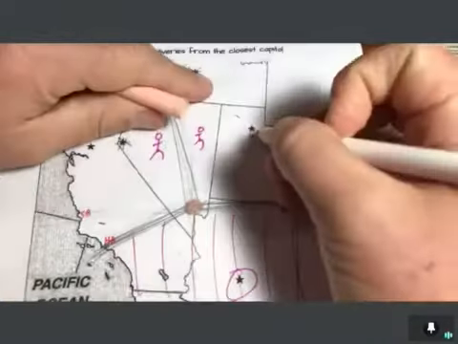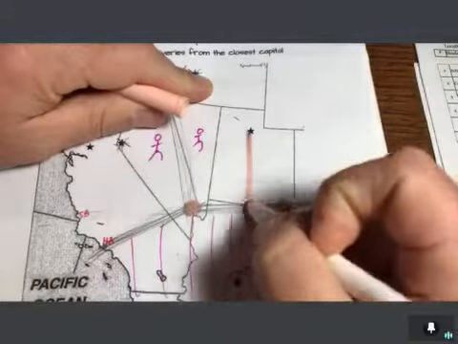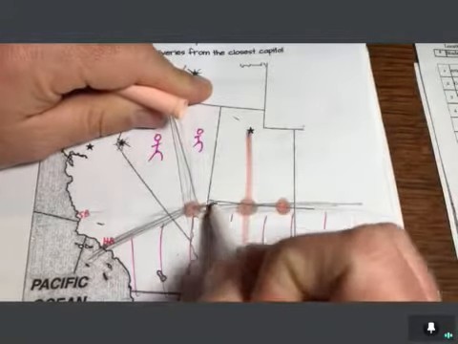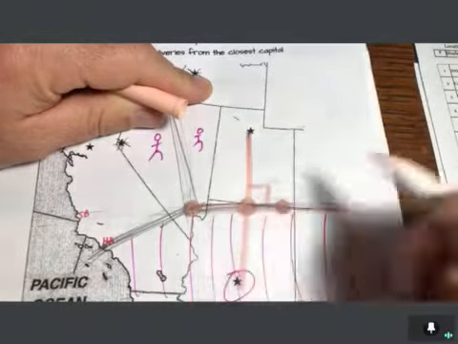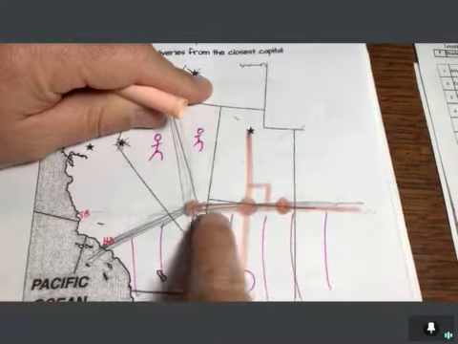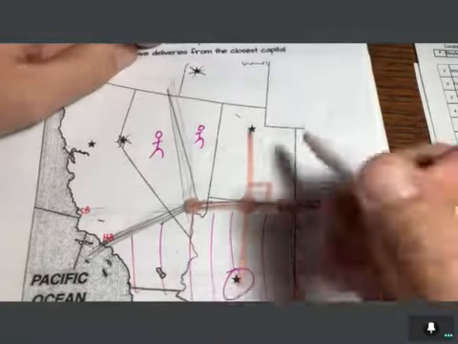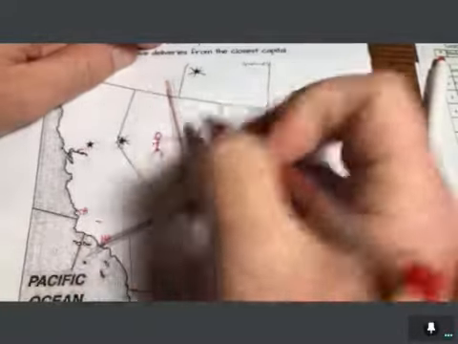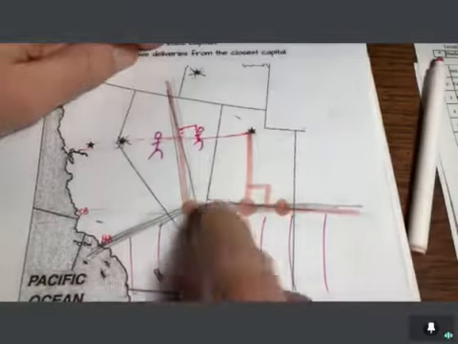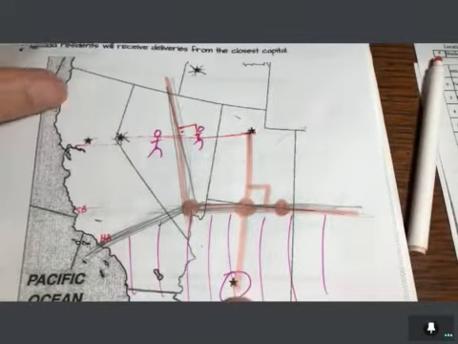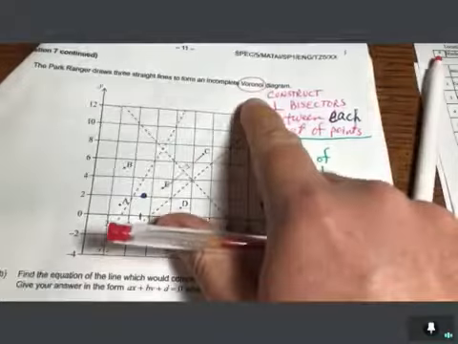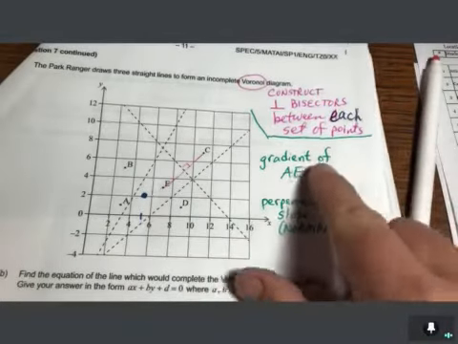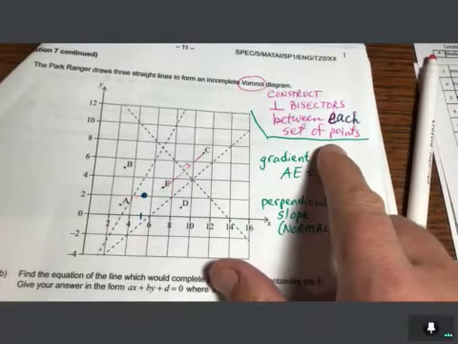So if we take this distance here and we find the midpoint and we create a 90-degree bisector here, this is the perfect line, and this is the perpendicular bisector of these 2 cities, okay? And this one is the perpendicular bisector of those 2. So this Voronoi diagram is created by the perpendicular bisectors of each set of points.